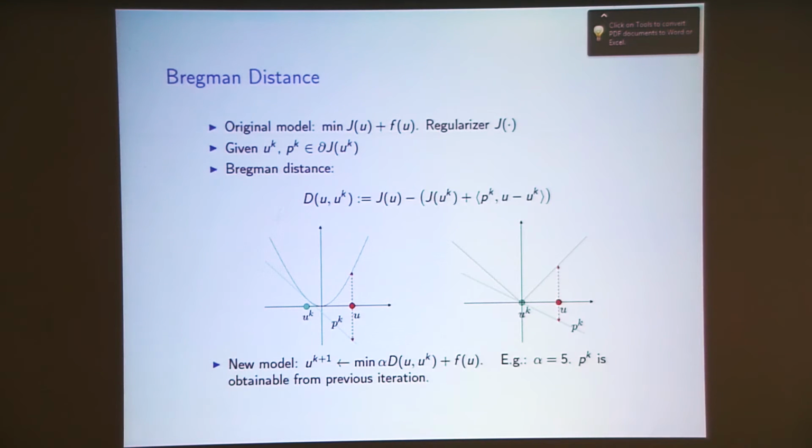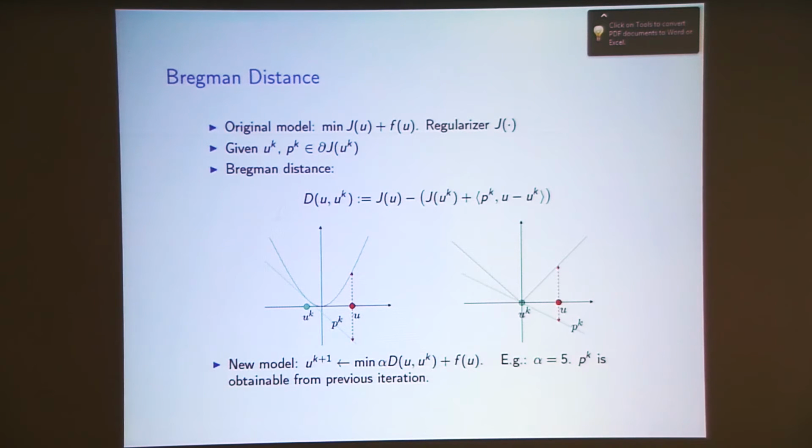So here's the Bregman distance. The original model is minimize J of u plus F of u. F of u could be the norm of Au minus b squared. I shouldn't call it F. And J of u is a regularizer, which could be L2, God forbid, which is what it looked like on the left.